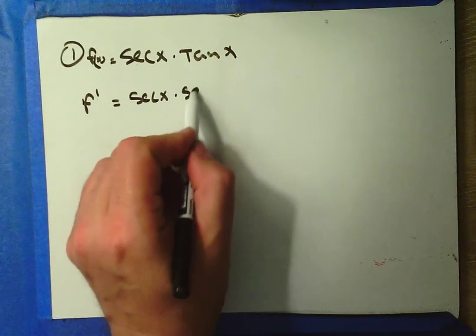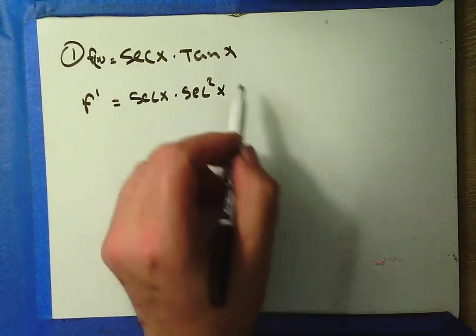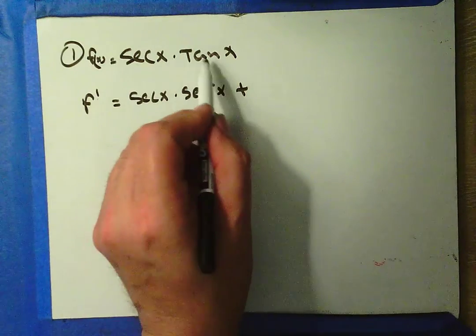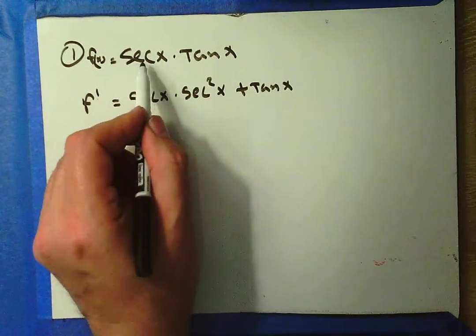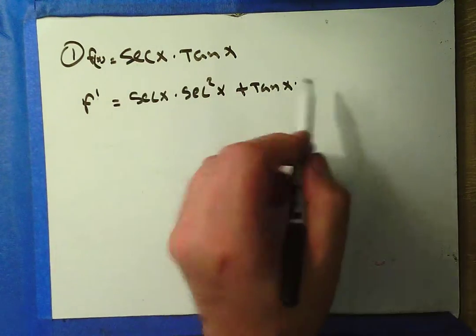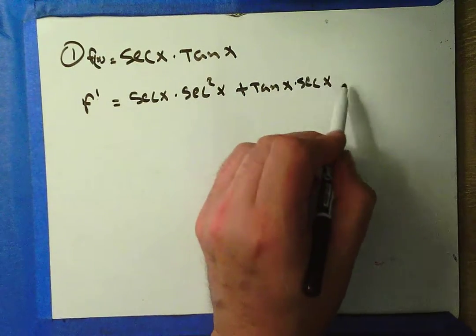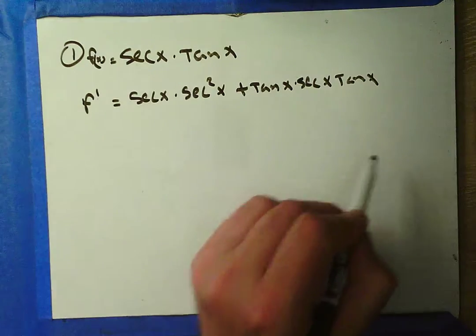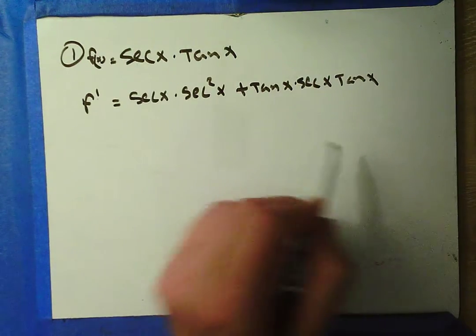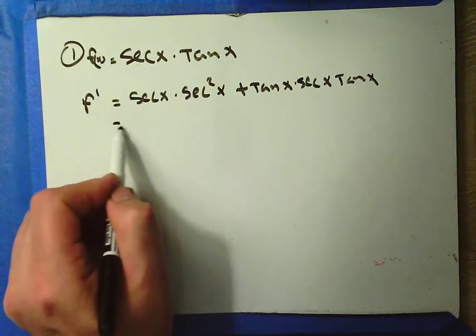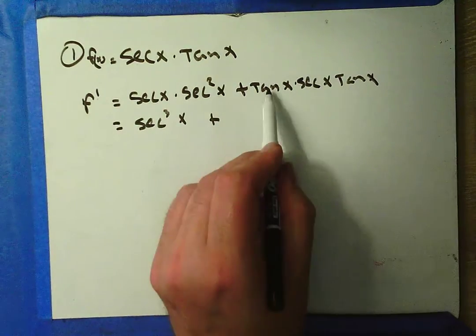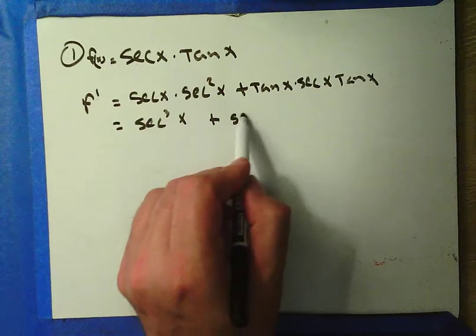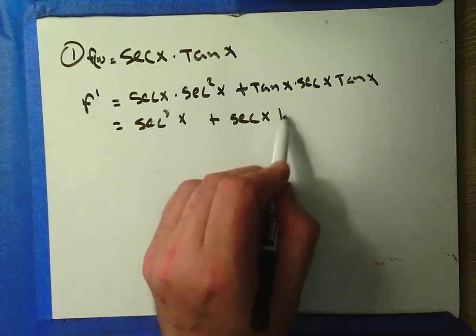We know the derivative of tangent is secant squared x, plus this times the derivative of that. And we know that the derivative of secant is secant tangent. And so we can tidy things up a bit here. Secant times secant squared will be secant to the third. And here tangent times tangent will be tangent squared.